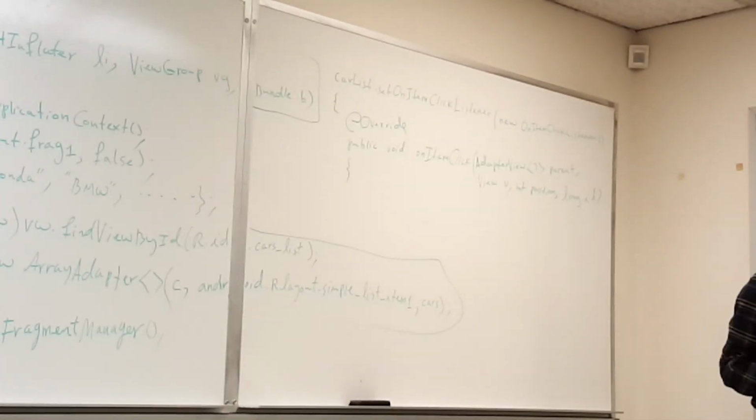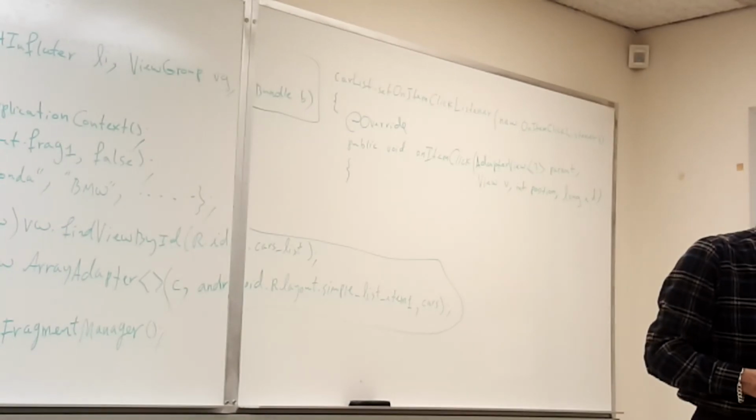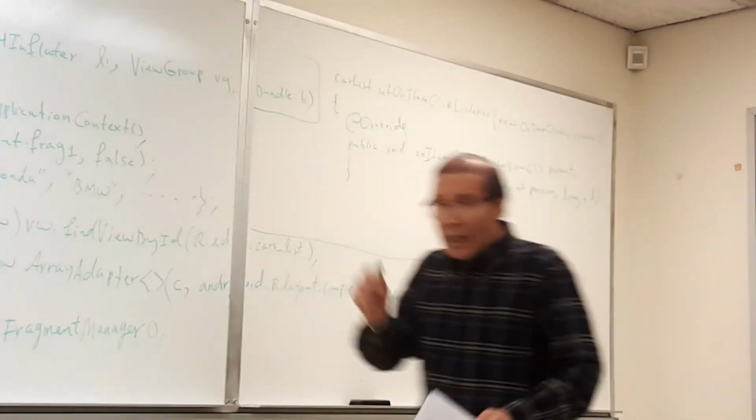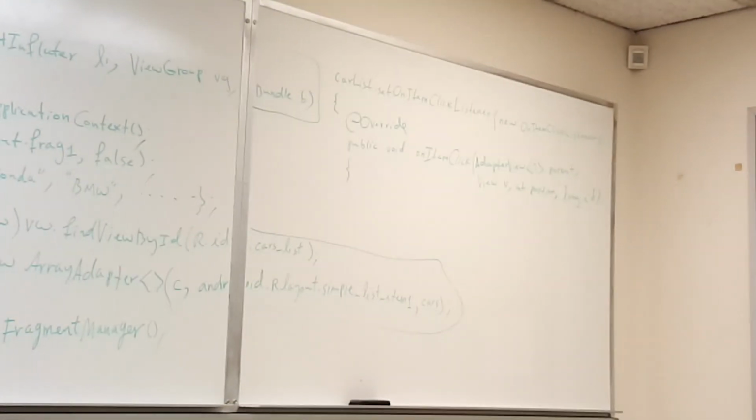Now what should we do? Yes? I understand what position is. What is ID? This is a very good question. Any widget that we are using, like button, like list view, like menu, has 2 types of ID. One ID is the one that we create manually inside our own XML file, and the other one is the system ID.